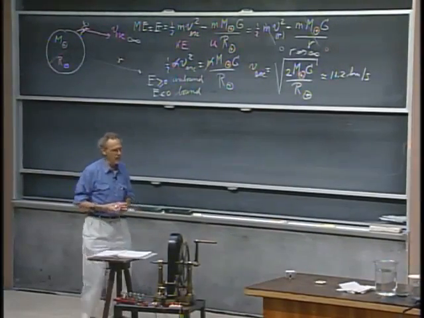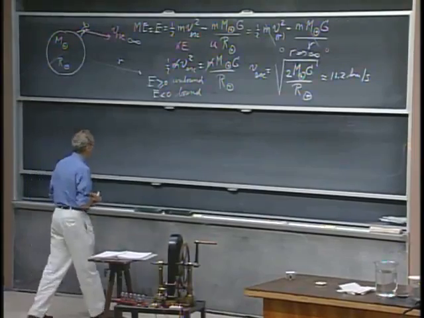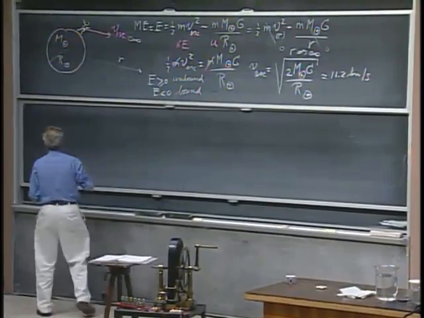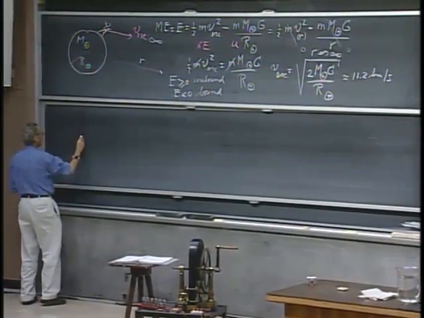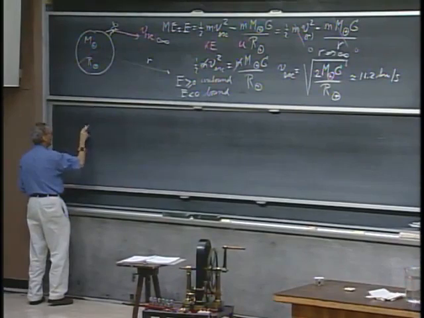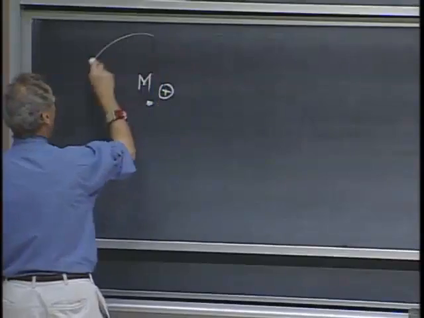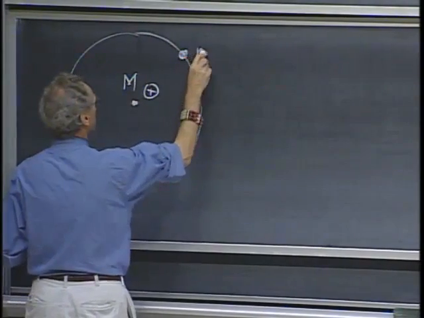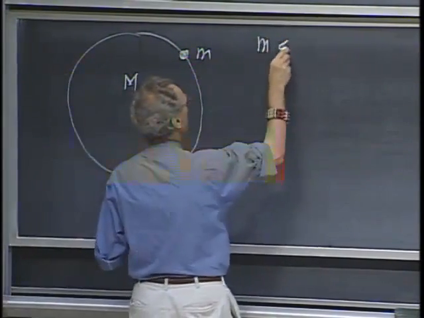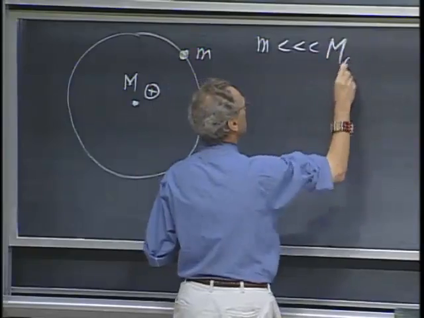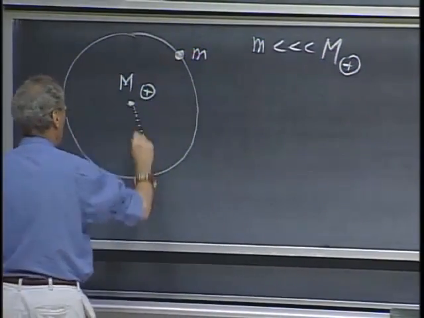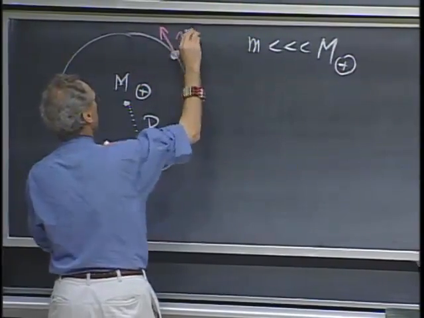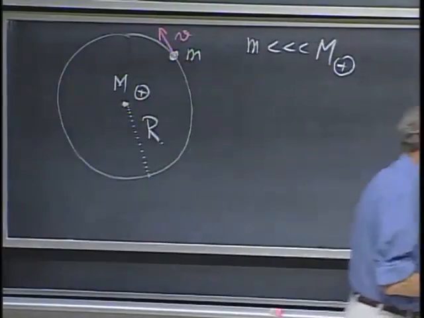Let's pursue the idea of circular orbits. Later in the course we will cover elliptical orbits, but now let's exclusively talk about circular orbits. Now this is the mass of the Earth, and in a circular orbit is an object with mass m, a satellite, and m is way, way, way smaller than the mass of the Earth, and the radius of the orbit is r, and this object has a certain velocity v, tangential speed.